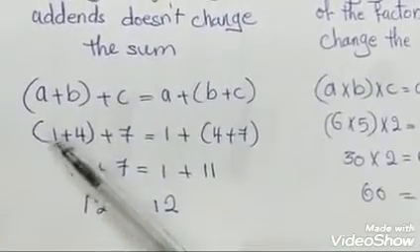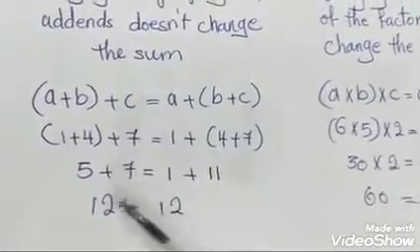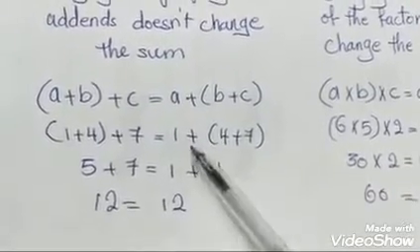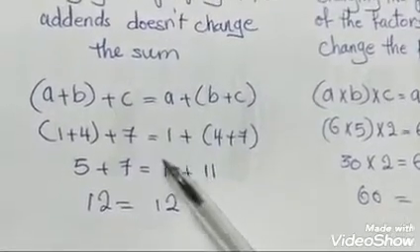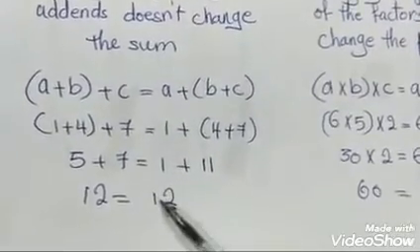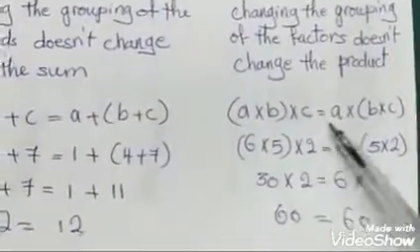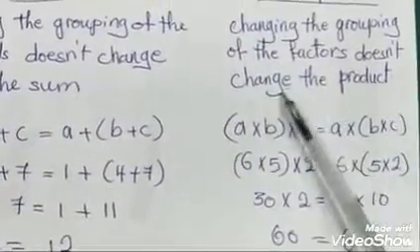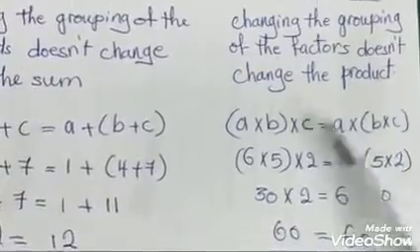Like here, if I have 1 plus 4 first as 5, plus 7, it will equal 12. Or if I have 4 plus 7 first as 11, then I add 1 to it, it will also be 12. The same in multiplication: if I change the grouping of the factors, the product will not change.